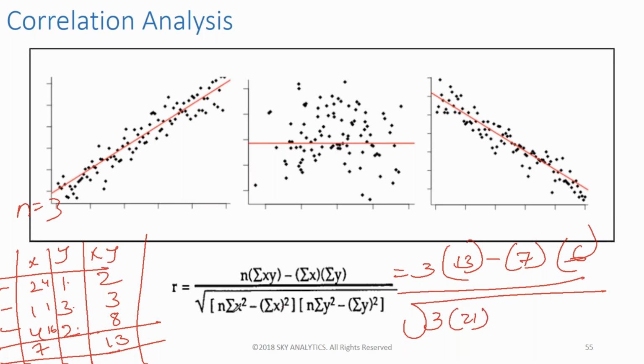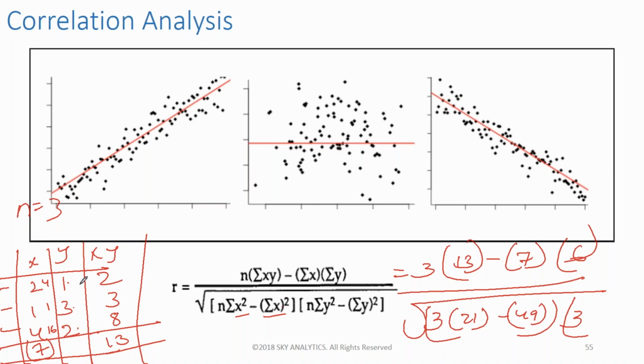See the difference between X square and X whole square. X whole square means 7 square, which is 49. Got the difference? Now this bracket is closed. Next, N is again 3, times summation of Y square.